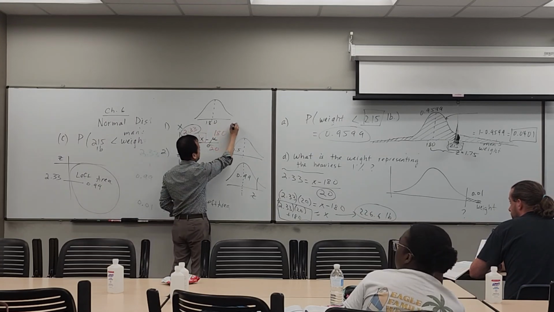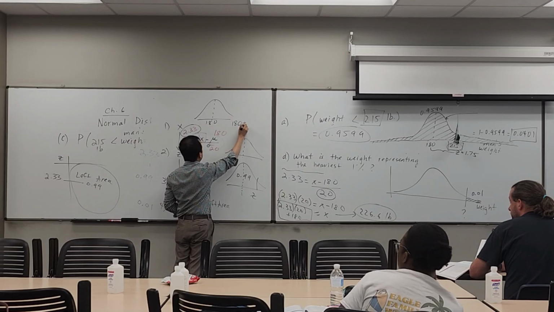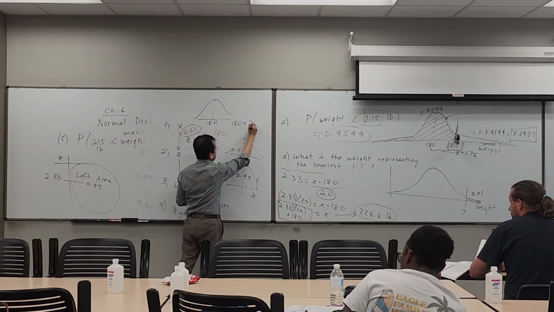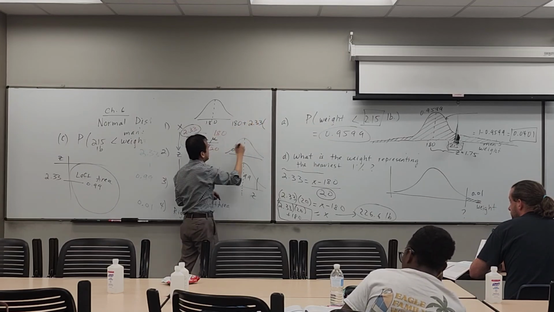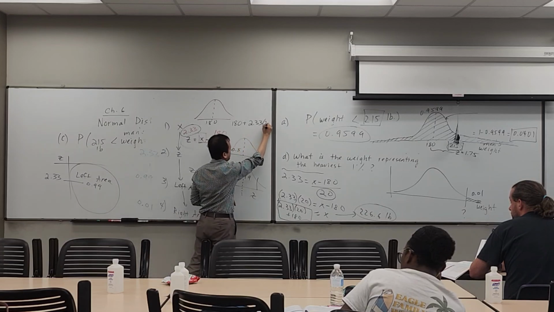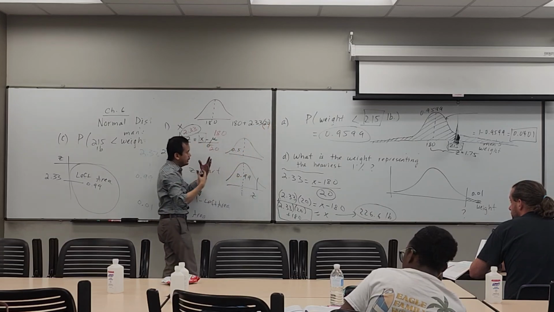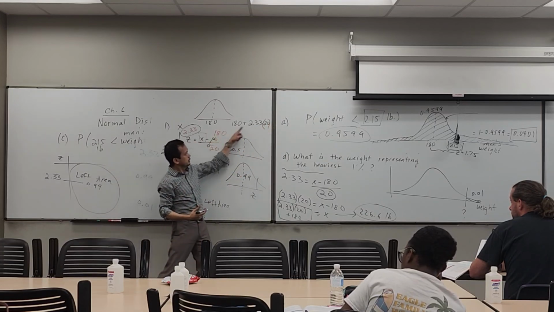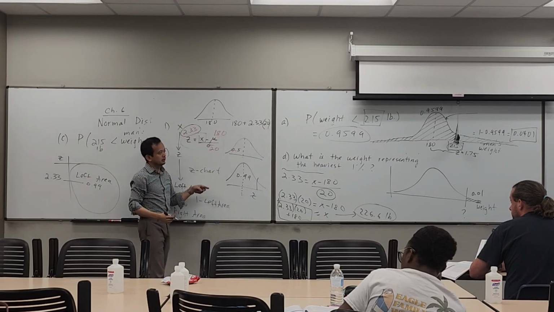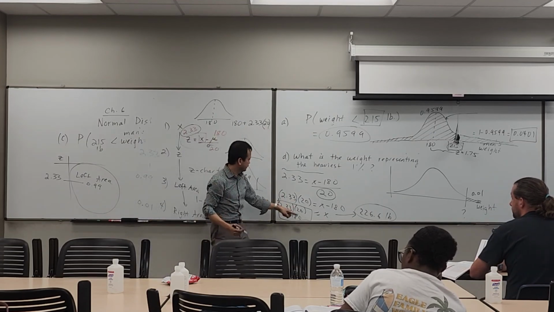So we start at the mean of 180 and add 2.33 standard deviations, where there are 20 pounds in each standard deviation. So just multiply by 20. Just by what it means to be a z-score, we get the same answer that we got down here by doing all this algebra.